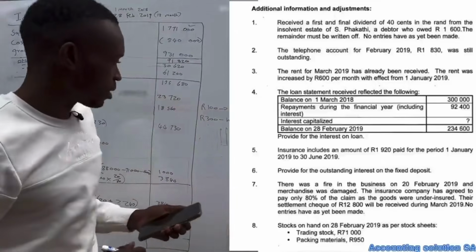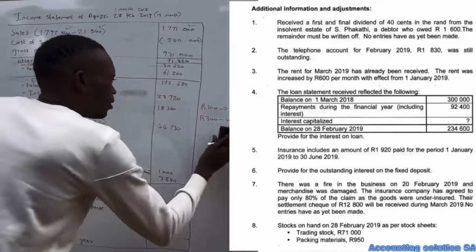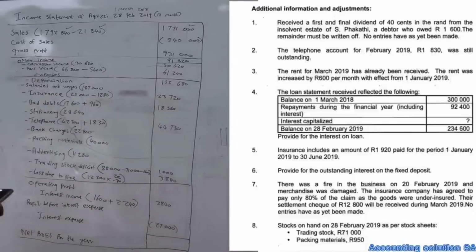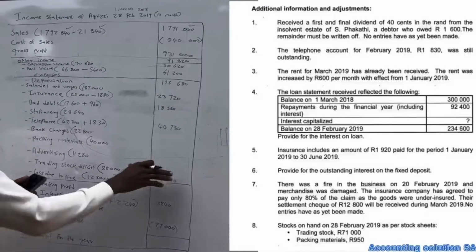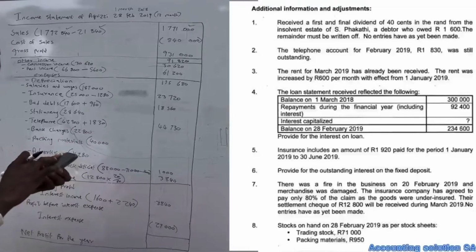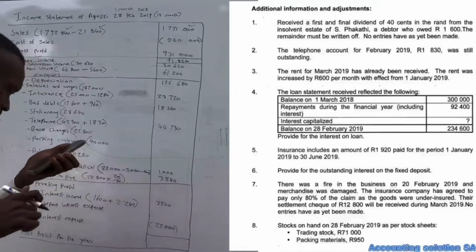Now moving forward to the next one, let's finish up the part that we left. Because we already covered this one, I think we are left with only picking material. If you check transaction number 8, we have 950.